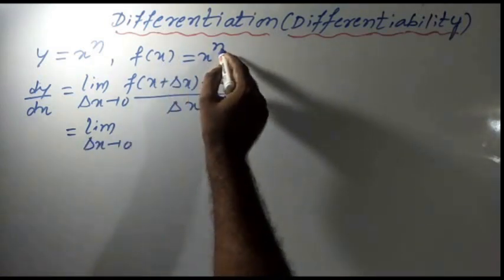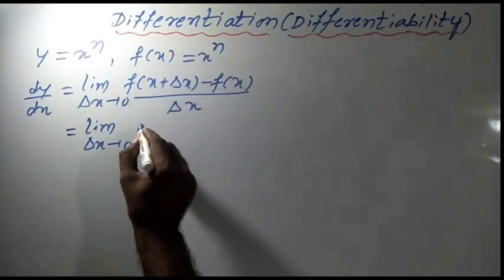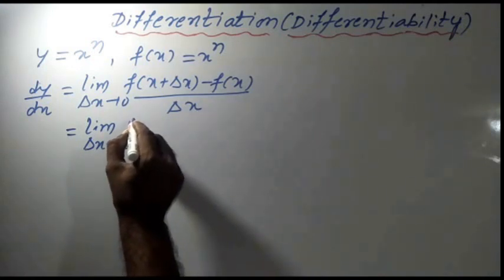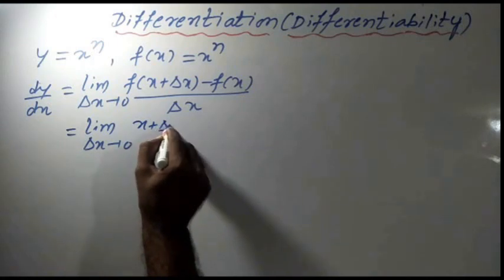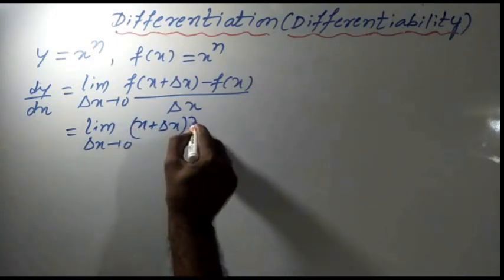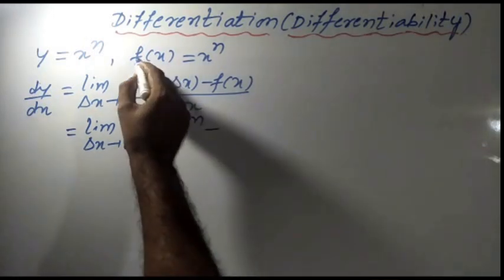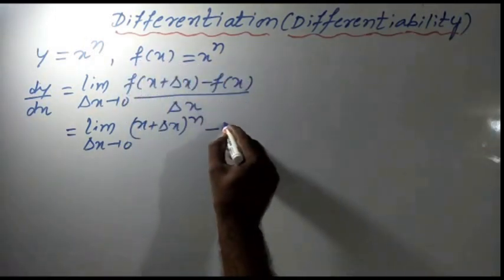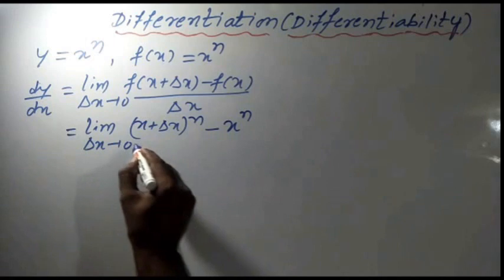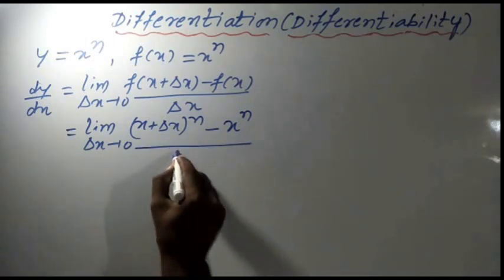According to that, f of x plus delta x is x plus delta x to the power n, minus f of x. Already f of x is there, that is x to the power n, whole divided by delta x.